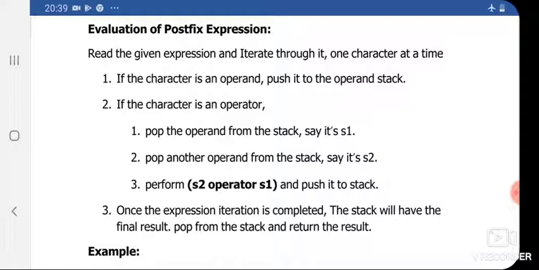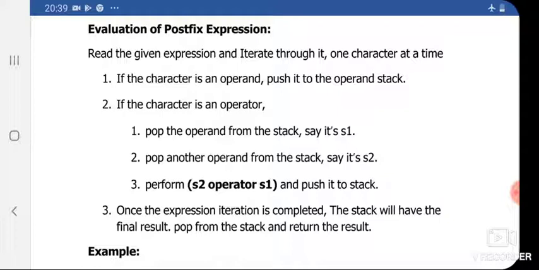We first read the given postfix expression character by character from left to right. If the character is an operand, we push it onto the stack.